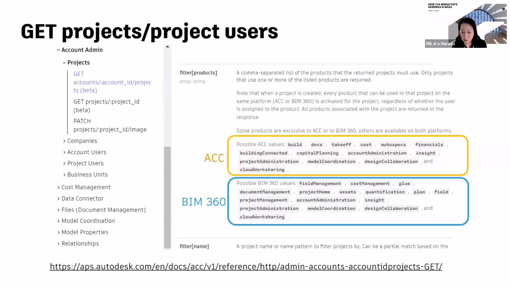So as you can see, there is a different way of calling services and products. Just be aware that when you are creating an ACC project, you should be checking those ACC products, while if you are getting a BIM 360 project, you will see a different set of names, even though you may still be referring to similar products.